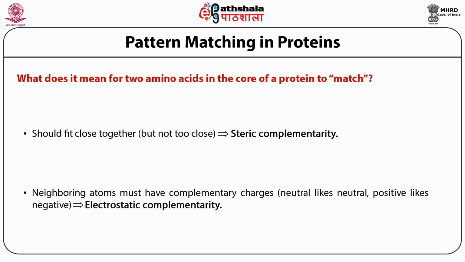And neighboring atoms must have complementary charges. For example, neutral likes neutral and positive likes negative, these kinds of charges. You need to keep that in mind. So this is called the electrostatic complementarity. All these kinds of terms will be included in the computational algorithm and the scoring function.